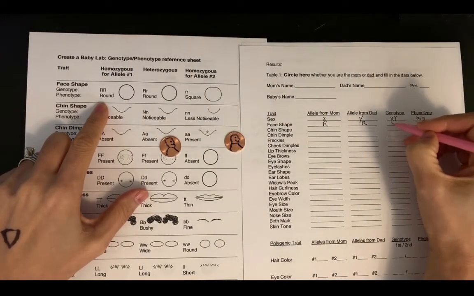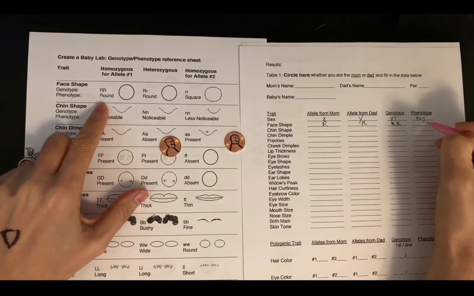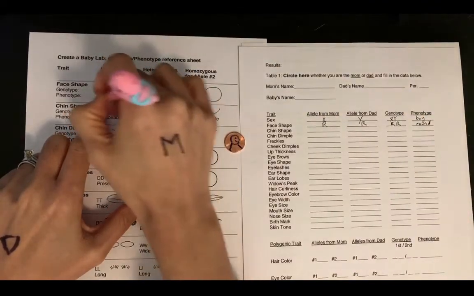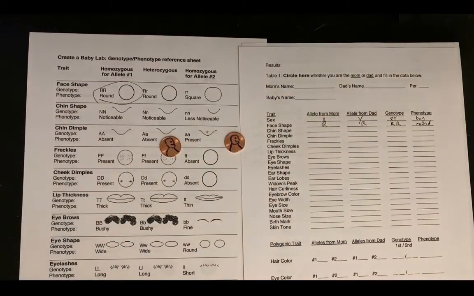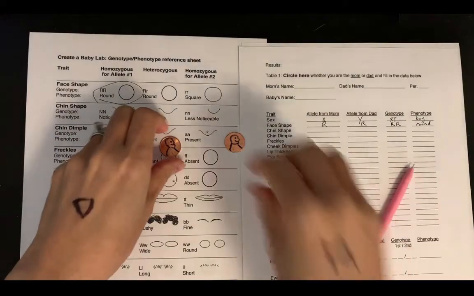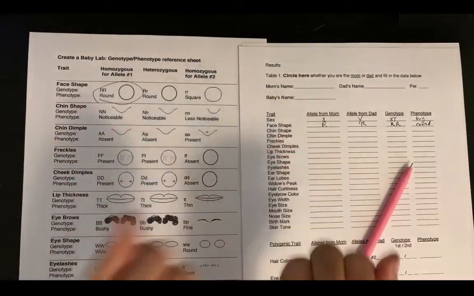So his genotype, it's a boy, is big R, big R, and the face shape is round. Okay, so I'm going to go ahead and just circle so I can keep track. Okay, and then we're going to keep doing it for all the traits.